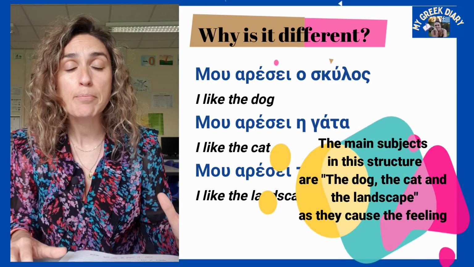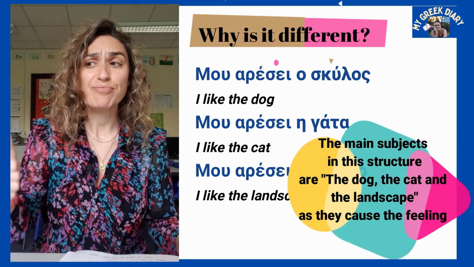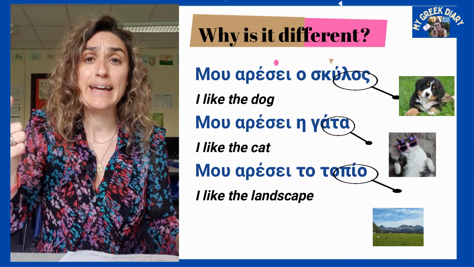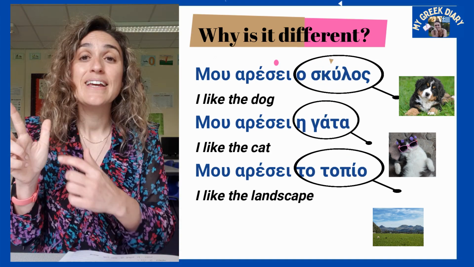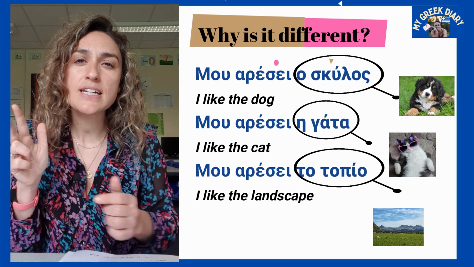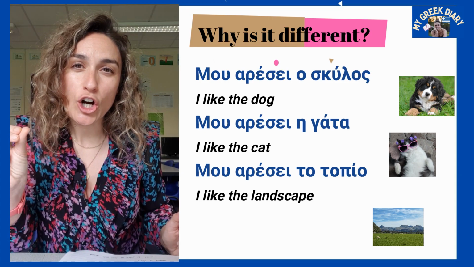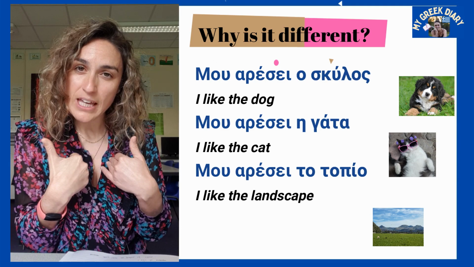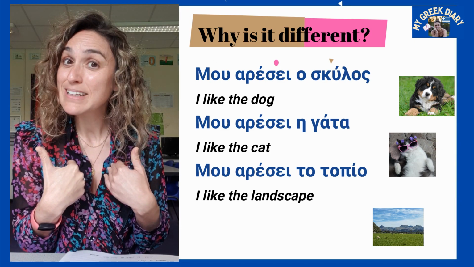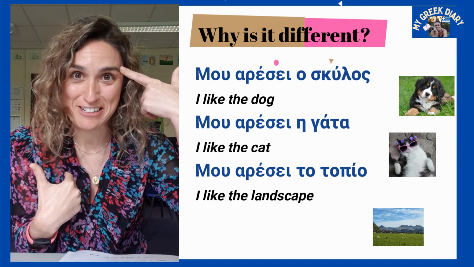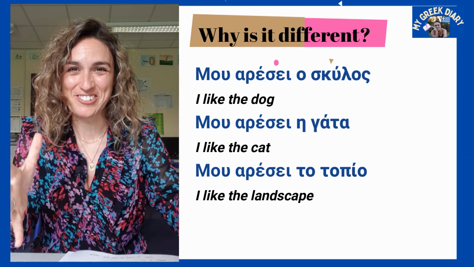So since that happens, we are gonna use ο σκύλος, η γάτα, το τοπίο in the nominative way because they are the main subject causing the feeling of me liking it. That's how the grammar works. Isn't it crazy?